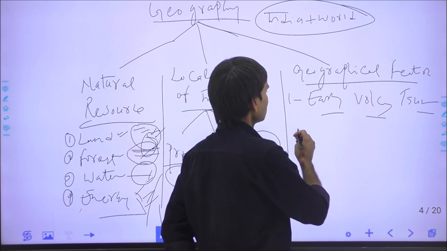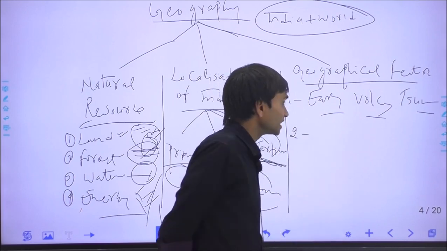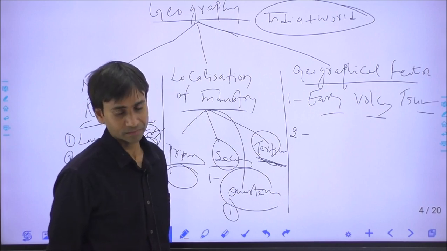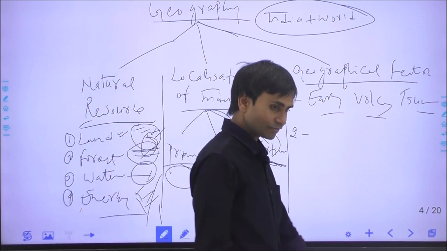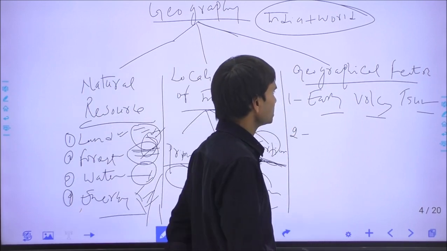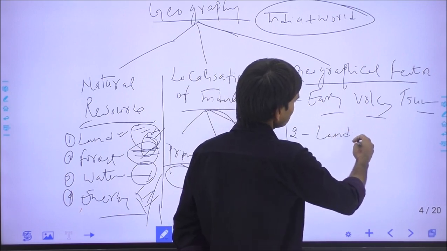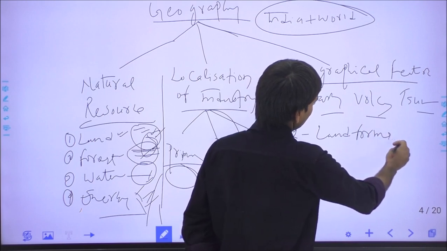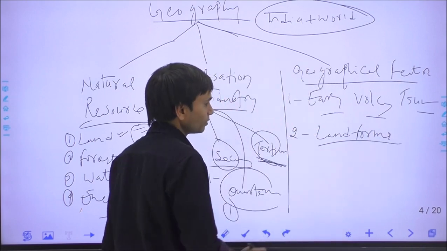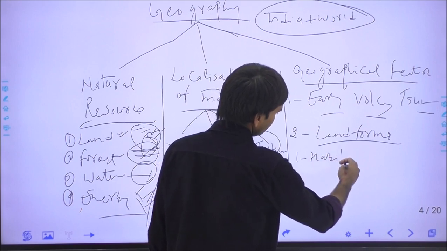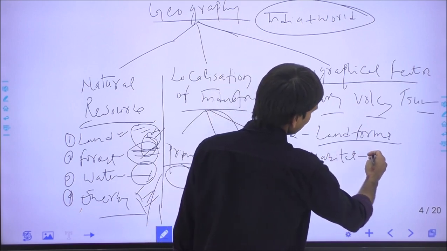Second is, recently, what kind of changes have been seen in the critical geographical features. Critical geographical features are called morphologies or landforms. Mainly changes in the landforms. One is the habitat or the biome.